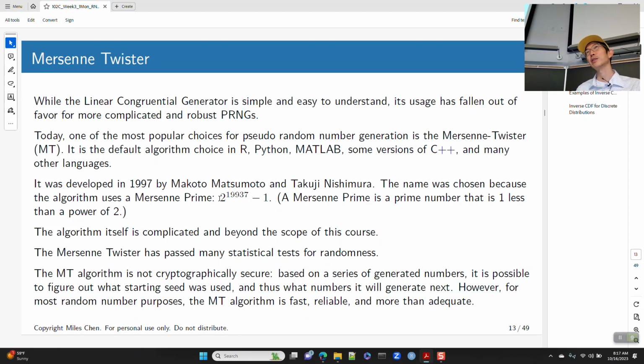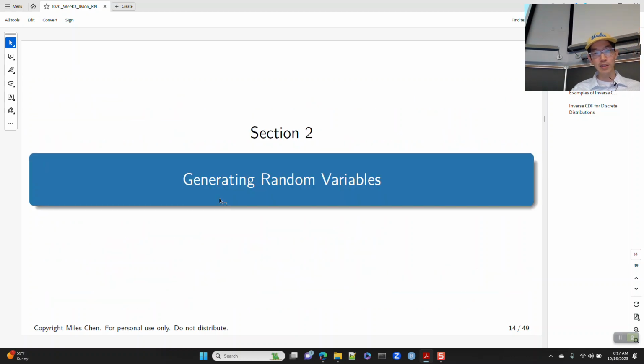So in that way, it's not cryptographically secure. But as far as what numbers it's generating, they act like random numbers for our purposes.